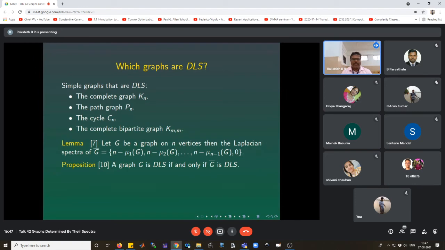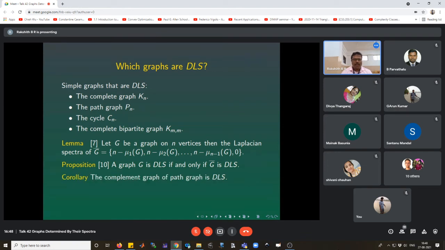This proposition indeed follows from this lemma, because if you know the Laplacian spectrum of the graph G, you can compute the Laplacian spectrum of its complement. So if a graph is determined by the Laplacian spectrum, then its complement is also determined by the Laplacian spectrum, and vice versa.